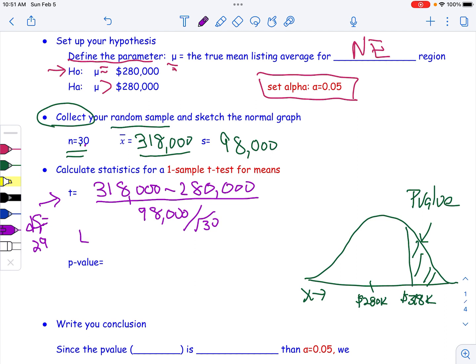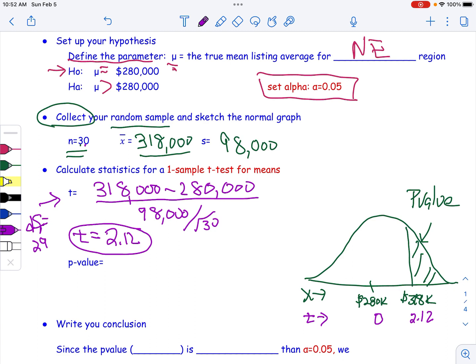So we're going to get a t-value of 2.12. And so I'm going to add that information here. The t-statistic has a mean of 0, and the t-value here is 2.12.